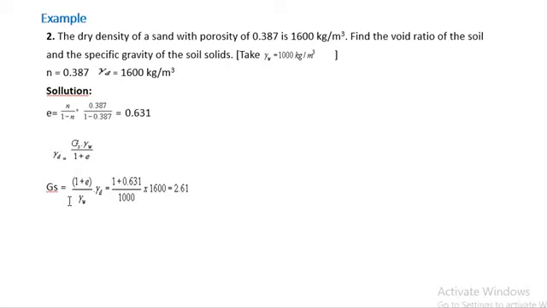The formula is e = n/(1 − n). Here we get e is equal to 0.631, and the gamma D formula is G_s into gamma W by 1 + e. So by this formula, G_s will be (1 + e) by gamma W into gamma D. If we put the values, we will get specific gravity 2.61.